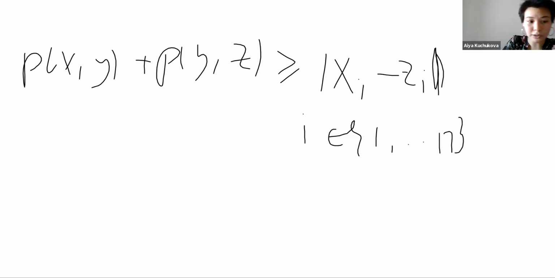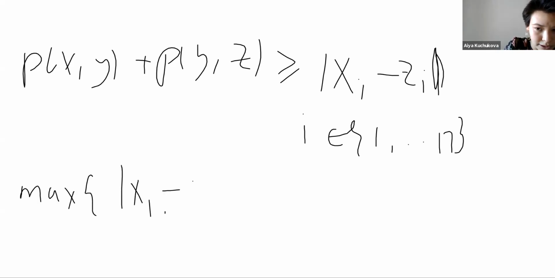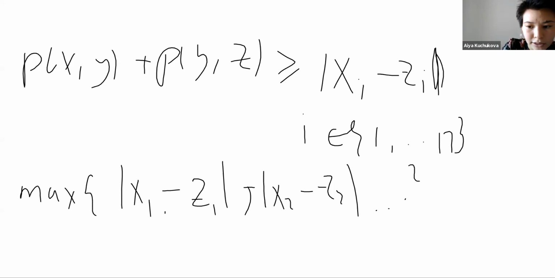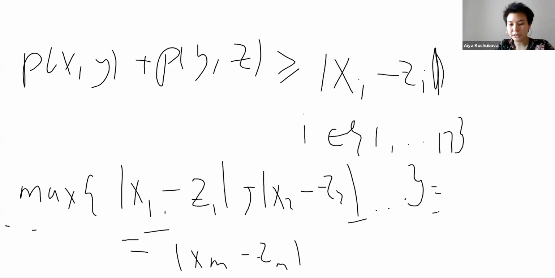And so, of course, a maximum from all of |x1 - z1|, |x2 - z2| would be equal to some |xm - zm| for some m. But this m, we can always make our i equal to this m.